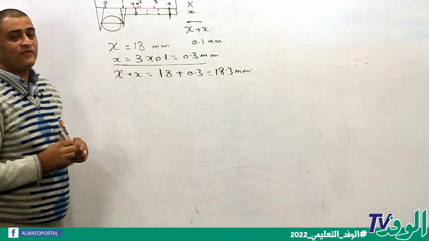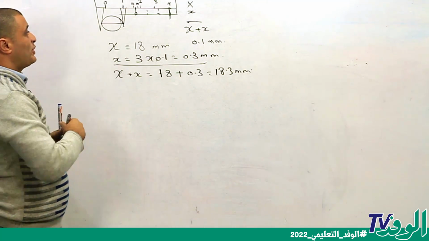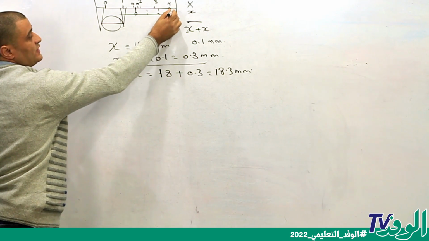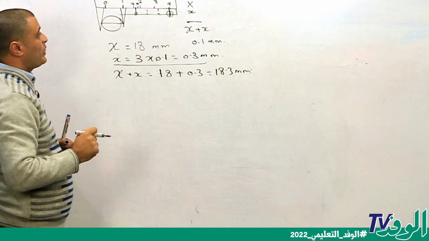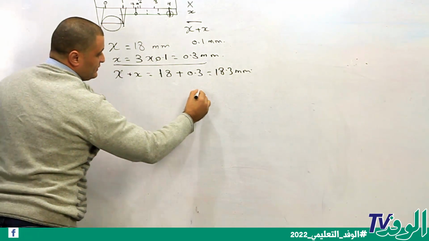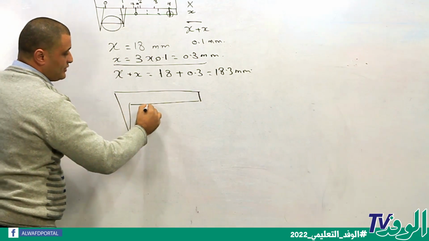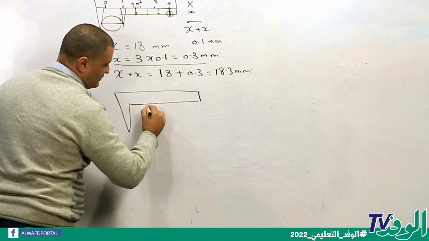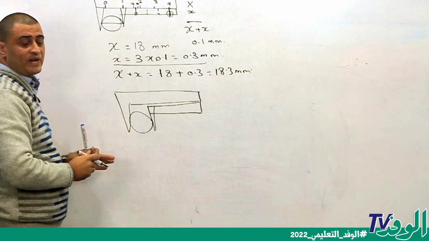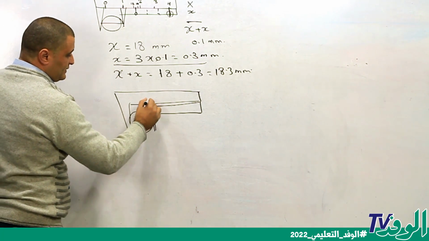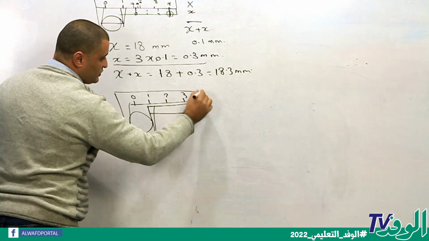Okay, this is the vernier caliper and how we can use it. The point here is that we search for the number which lines up with a number on the fixed scale. Okay, so another example. Here we have a vernier caliper. We put the object between the two jaws of the vernier caliper, and 0, 1, 2, 3, 4.